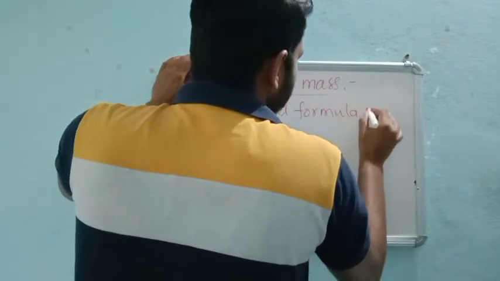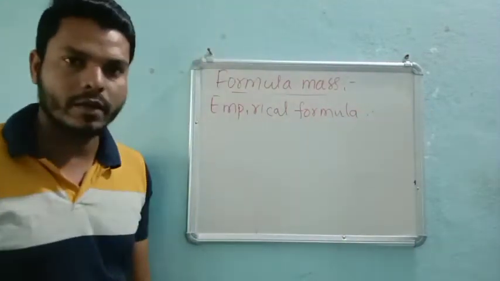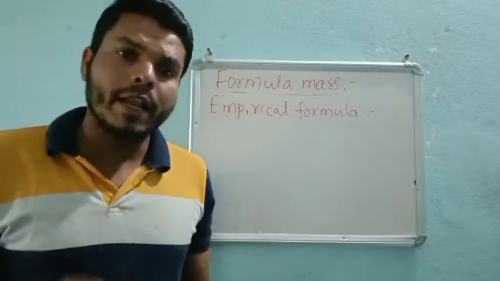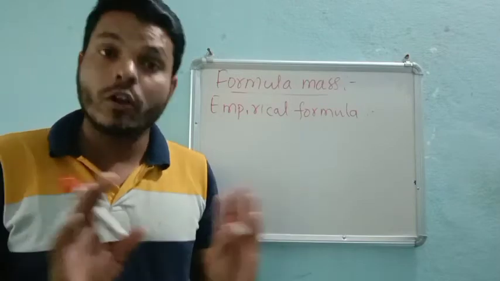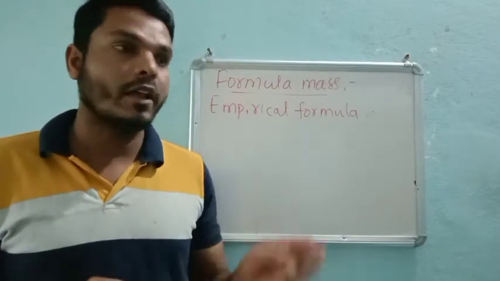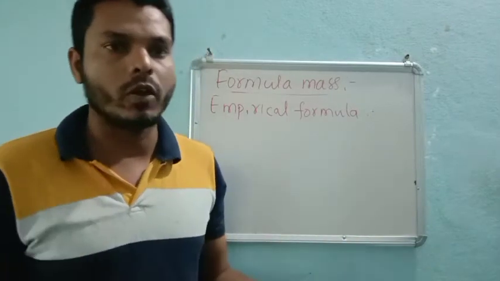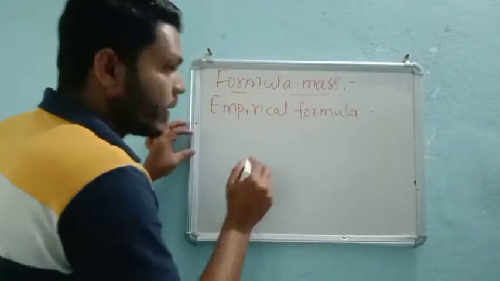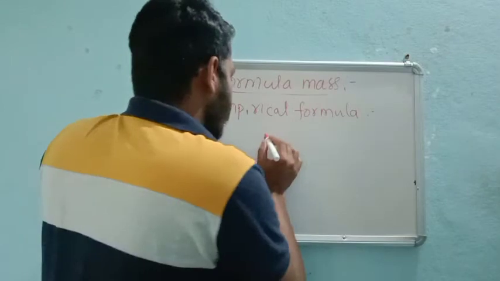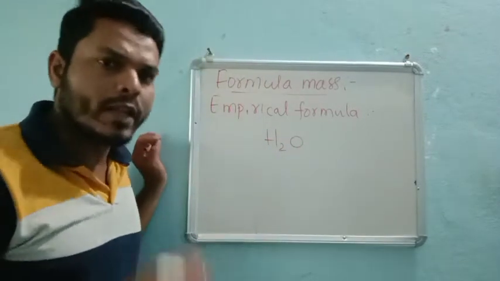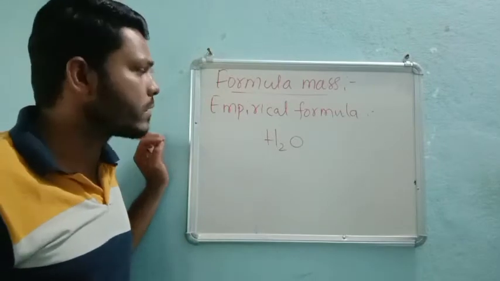So empirical formula is nothing but, right? Remember this point, very important. It is not the total number of atoms, just the different elements present in any molecule. If I consider a water molecule, what is water? H2O, right? What is the empirical formula of this H2O?